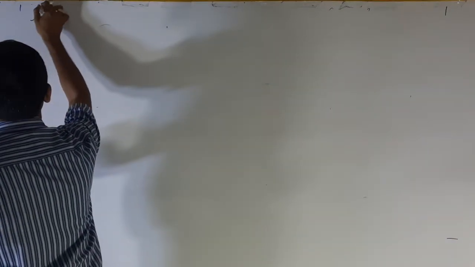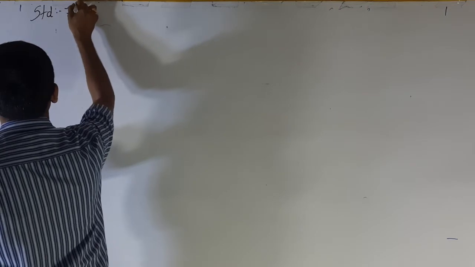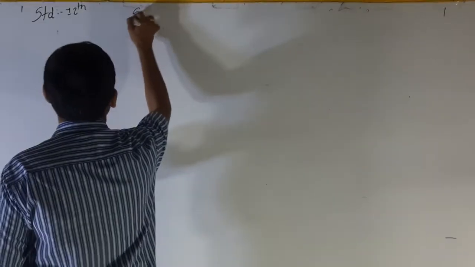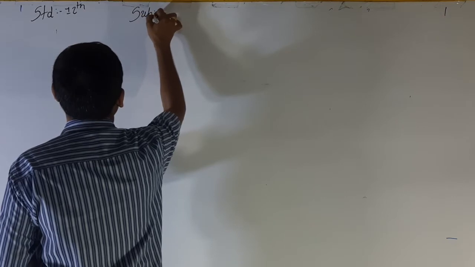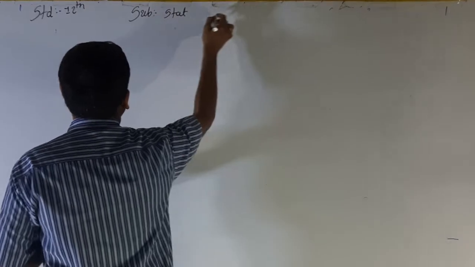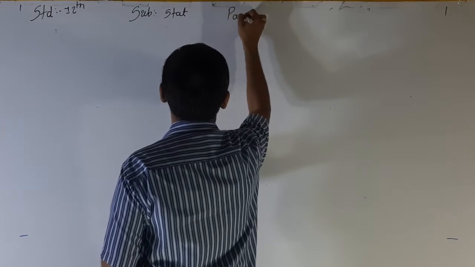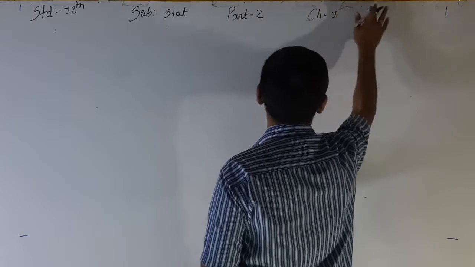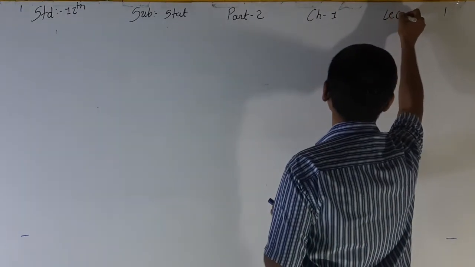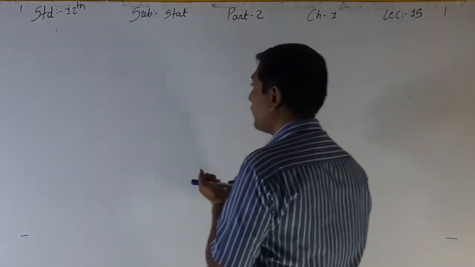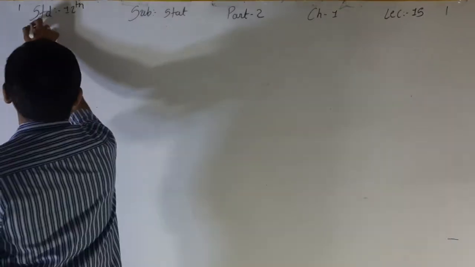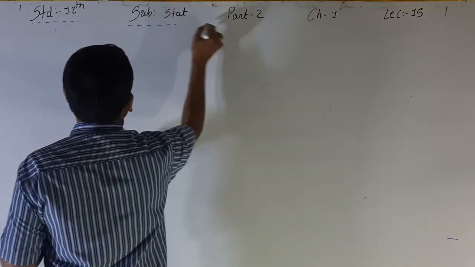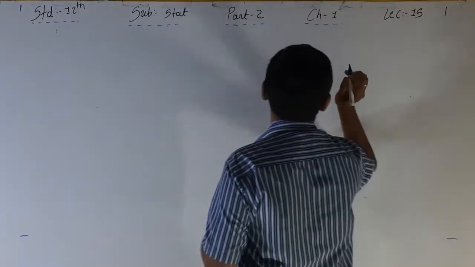Okay, now let's start exercise 1.3. This is lecture number 15 of statistics part 2, chapter 1 probability.